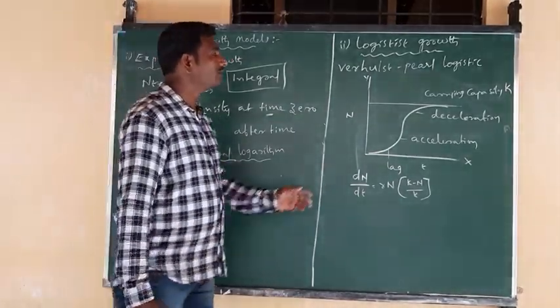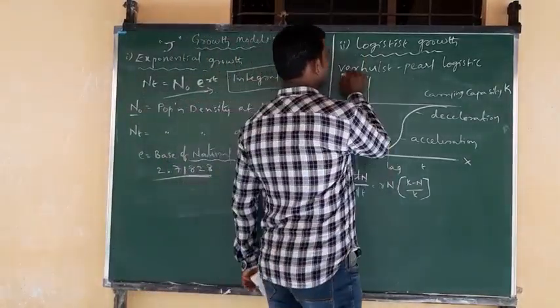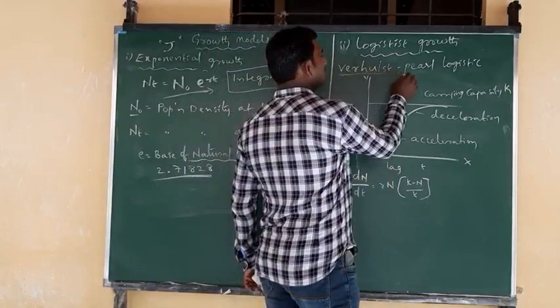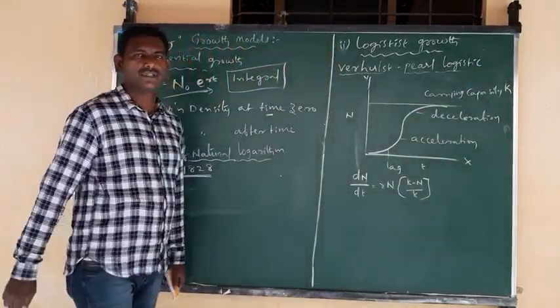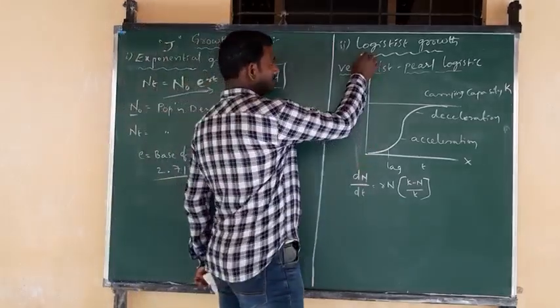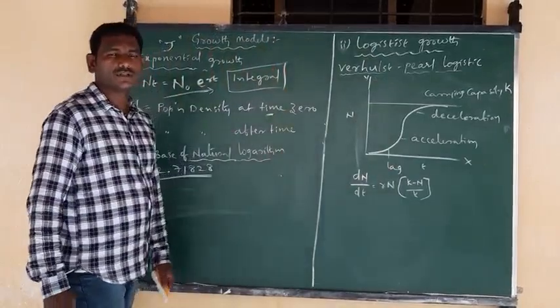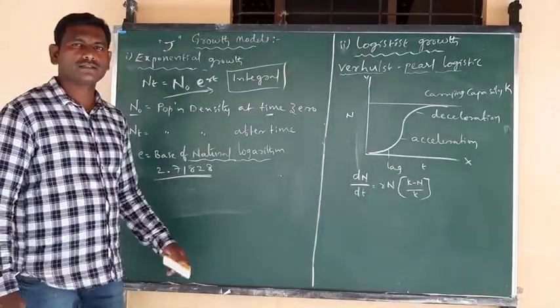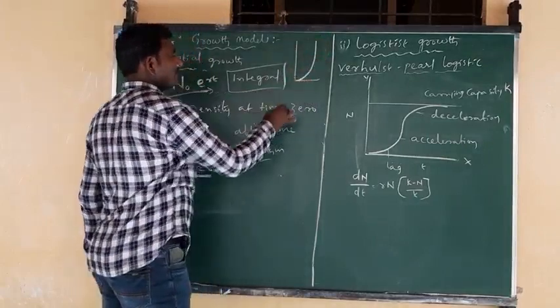Next, the second growth model is the logistic growth model. This logistic growth model was given by Verhulst, a Belgian scientist. Based on his name, we use the word logistic growth lines. Already we know exponential growth models form a J-shaped curve.